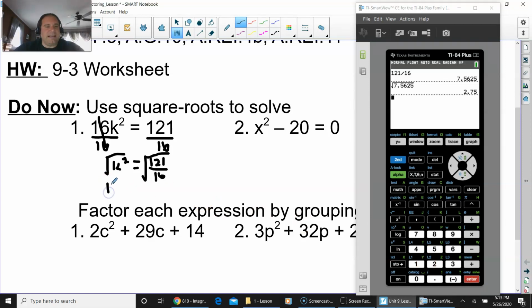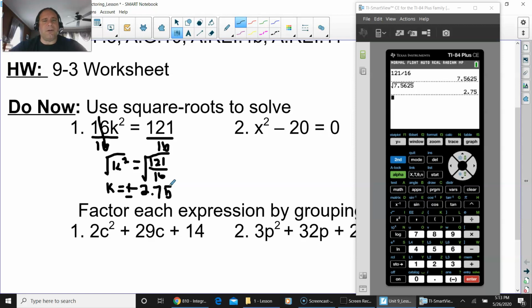So k equals, and remember when you take the square root of both sides, you have a positive answer and a negative answer. So I'm going to put plus minus 2.75. See, it didn't look like it was going to amount to anything, but that's a pretty good number, all right? So k equals positive 2.75 and a negative 2.75.